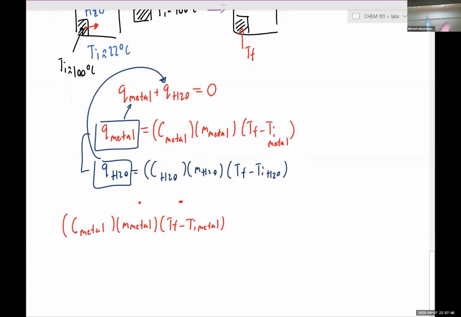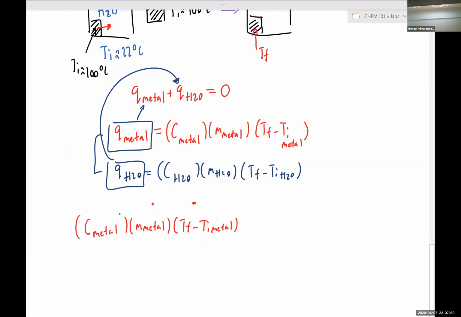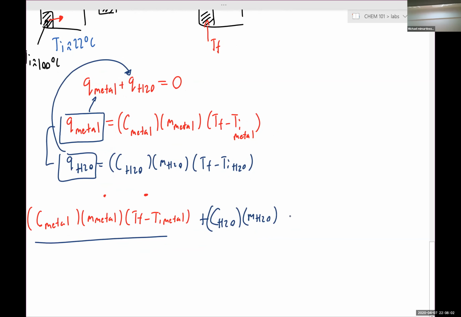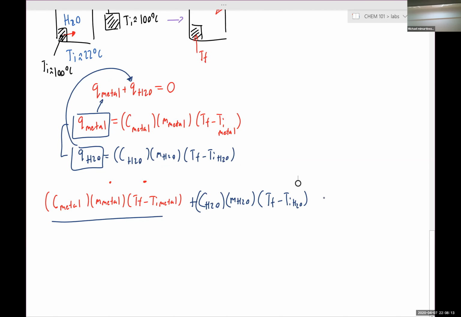Okay, let me just zoom out a short amount. So this is our expression for Q metal plus C water times M water times T final minus T initial water, and all of this entire expression is equal to 0.